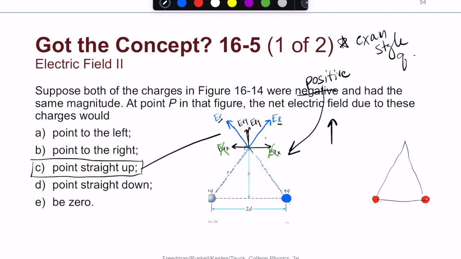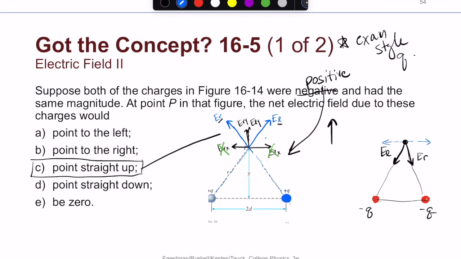So here's our triangle, both negatives. Red is negative, point P. All right. So remember, electric field vectors point directly toward negative charges. So here is the electric field vector for the left charge, and the electric field vector for the right charge. The x components are going to cancel, right?